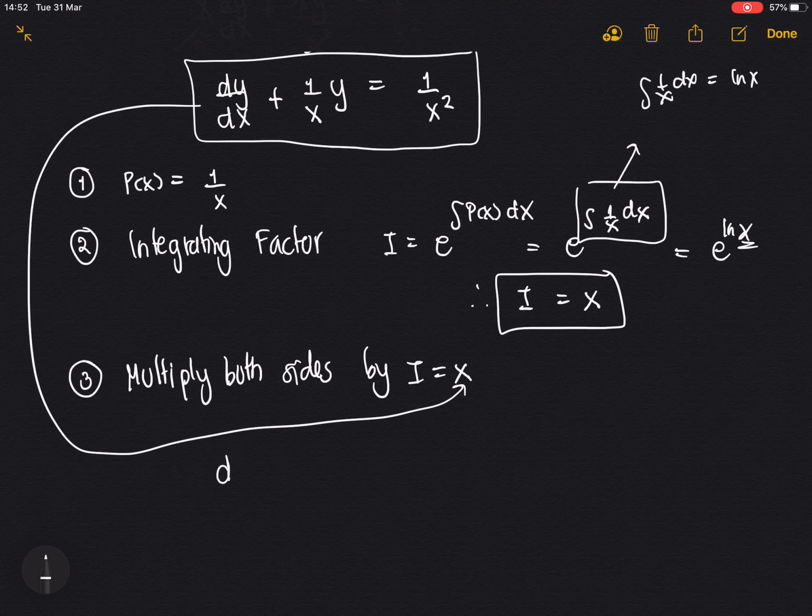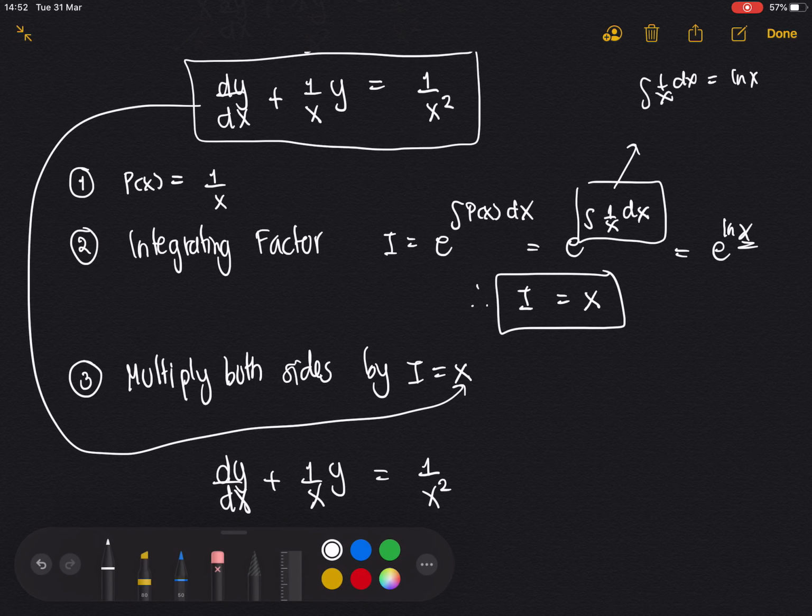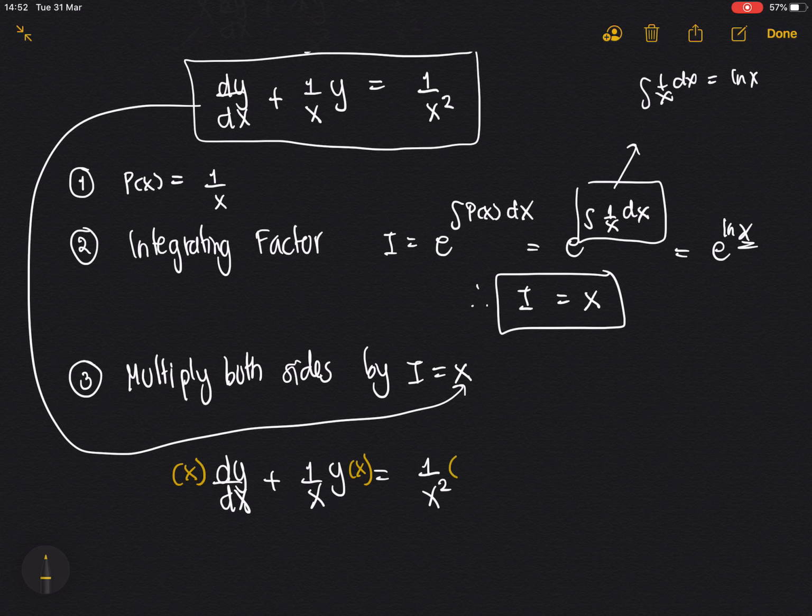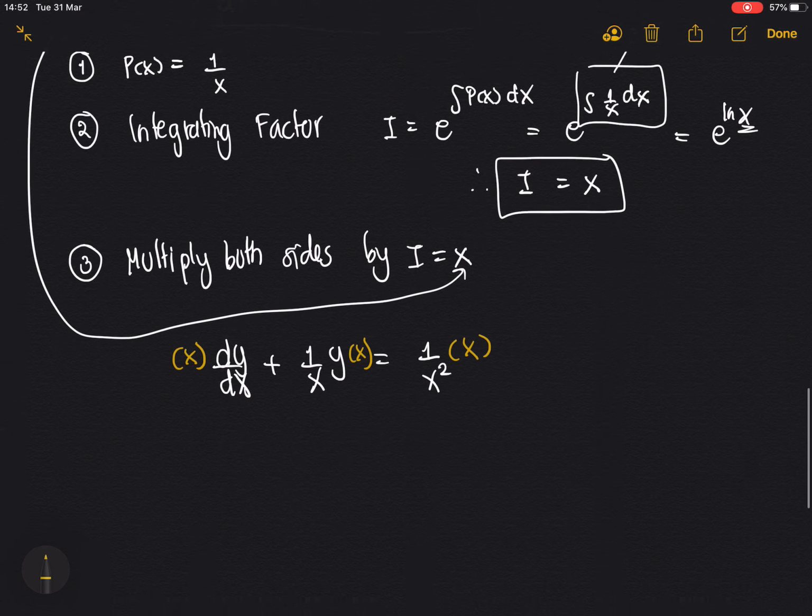Therefore, we will have dy divided by dx plus 1 divided by x times y is equivalent to 1 divided by x squared, and we need to multiply that by x term as well.